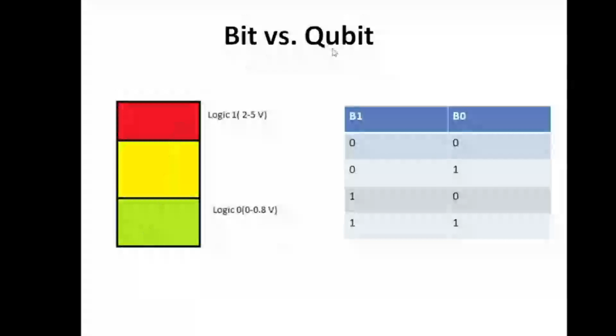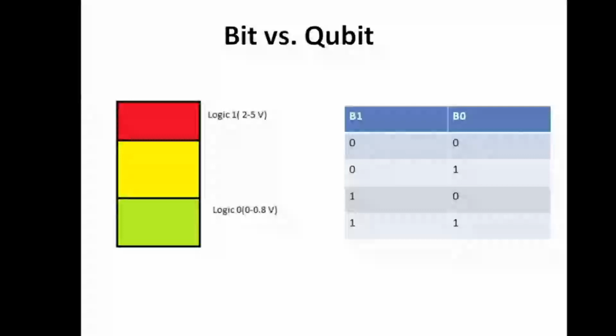But a qubit can have its value as 0 or 1 or both together in a superposition, in any probability. It can have 70% of 1 and 30% of 0, or 60% of 0 and 40% of 1. And in any superposition, or in any probability, it can contain both the values.